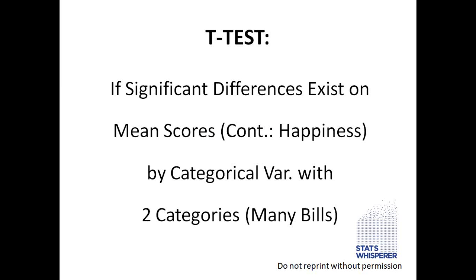So the first test, right, our t-test, that's the first one we said we needed to do. A t-test tells us if significant differences exist in mean scores, right? The mean score is a continuous variable, so the mean scores of happiness by a categorical variable with 2 categories, which for us is going to be many bills monthly.